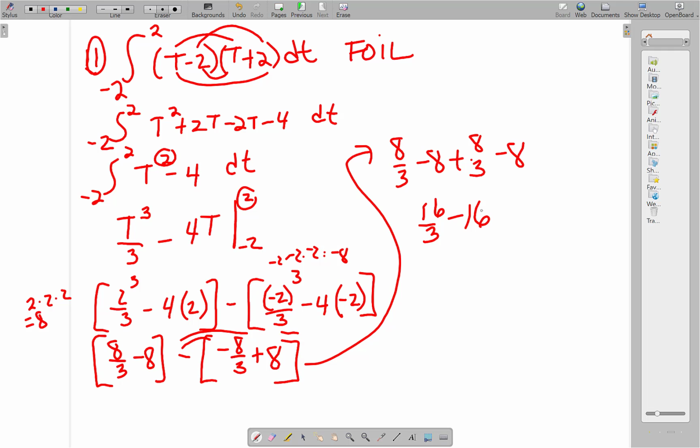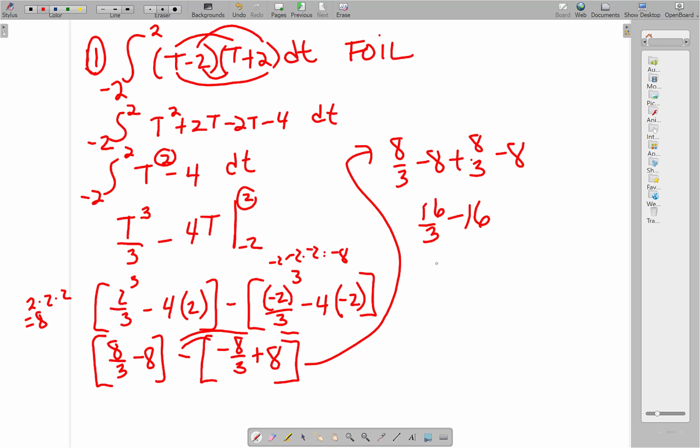I'm checking my work to make sure I did not make an error here. Let's double check this. 8 thirds minus 8, and I am fine. And we could simplify this even farther if we wanted to.